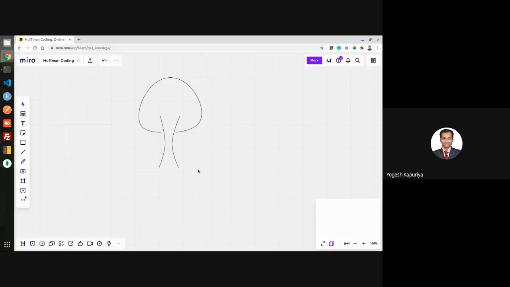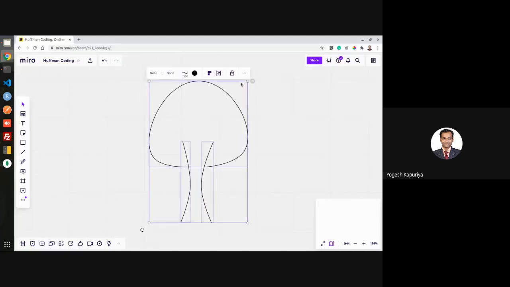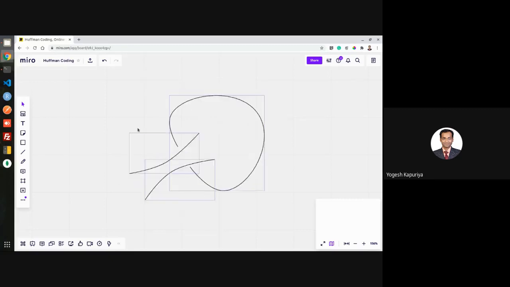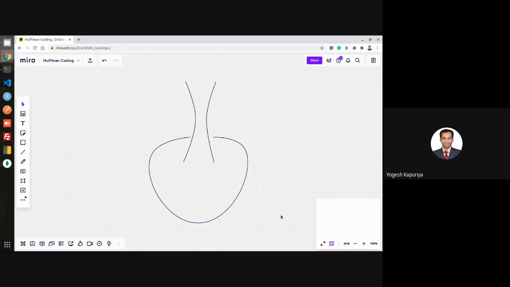Similar to this entire concept, in data structure, a tree is something like this, where you have a node, and from that node you have different branches.